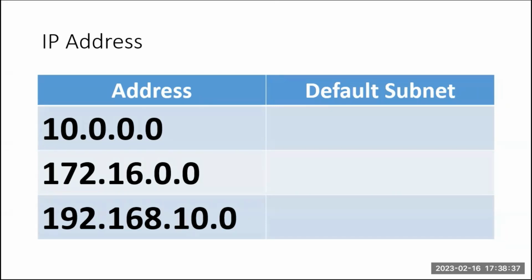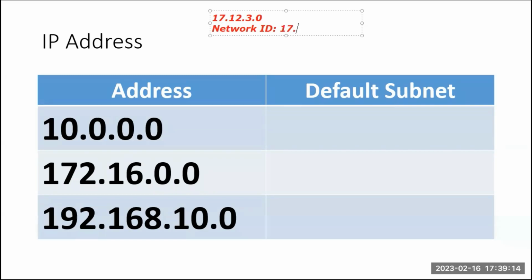For example, if you are given this IP address, let's say 17.12.3. What's the network ID for this IP? 17.0.0.0.